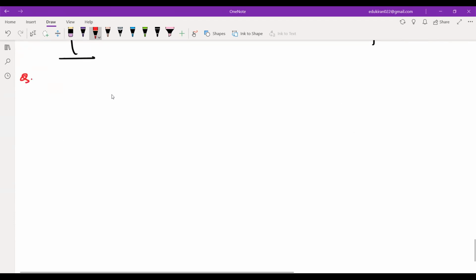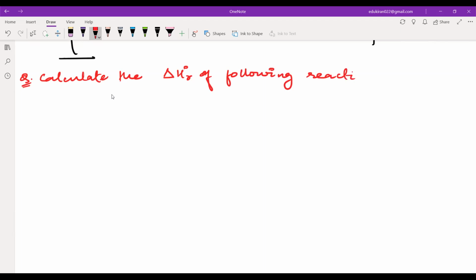Just on the simpler side, calculate the enthalpy of the following reaction by using the given data.